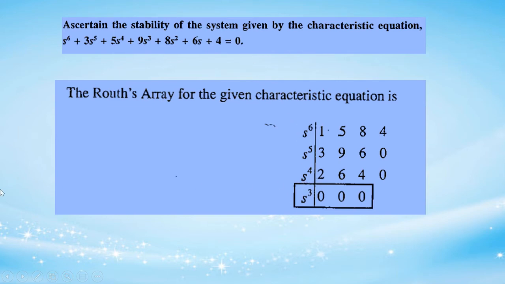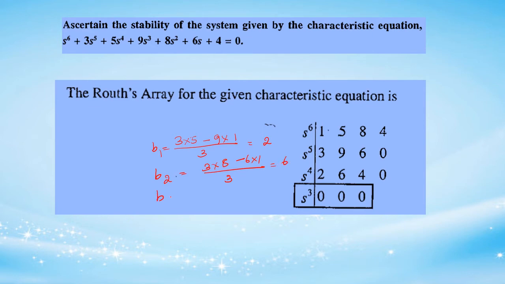For s to the power of 4, the values can be got as (3 into 5 minus 9 into 1) divided by 3. That is the value of B1, which leads to 2. Then the B2 value is (3 into 8 minus 6 into 1) divided by 3, which is equal to 6.